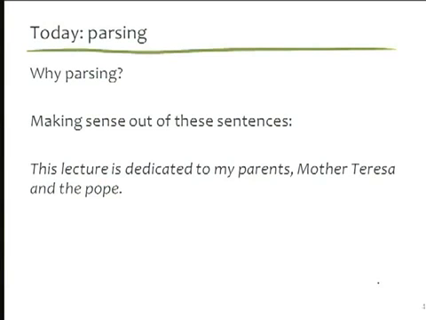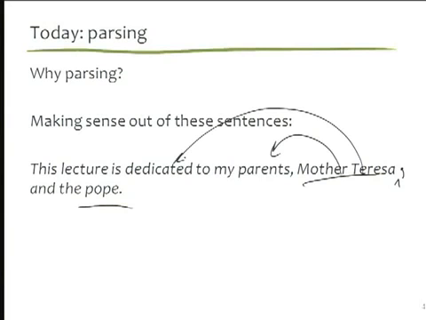So depending on whether there is a serial comma or not, the association of Mother Teresa and Pope could be, well, they could be my parents. That was the meaning as written because there was no comma. Or they could be the people to whom this lecture is dedicated. You can guess the meaning from the context, but without the comma, indeed, the meaning was that they are my parents.